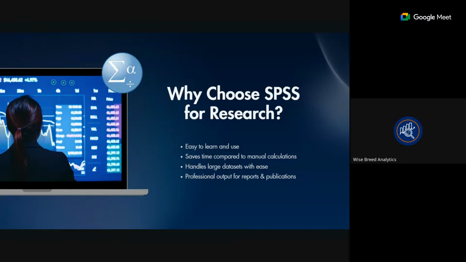So SPSS helps you handle large data sets with ease. Unlike Excel, which begins to lag when it goes beyond a certain number of rows, not SPSS. SPSS also provides professional output for research, for reports, and for publication. In the older versions of SPSS, the charts were usually clunky and didn't really look good. But things have changed.